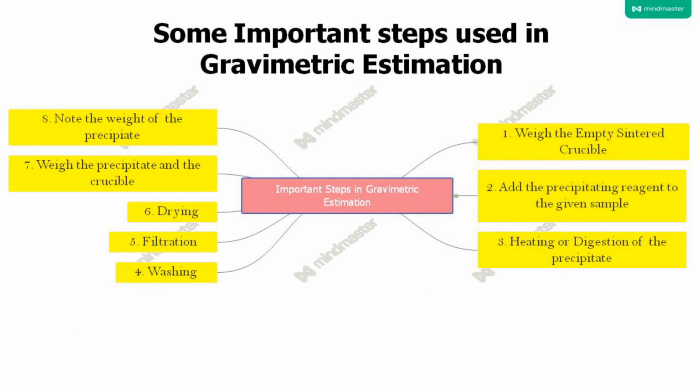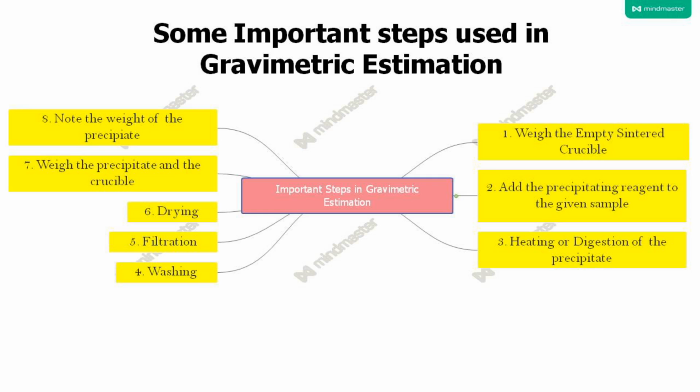Now we are going to discuss the important steps used in gravimetric estimation. Step number 1, weigh the empty sintered crucible. Step number 2, add the precipitating reagent to the given sample. Step number 3, heating or digestion of the precipitate.